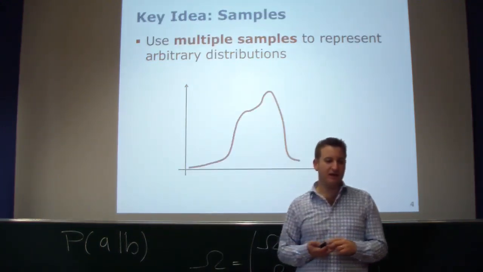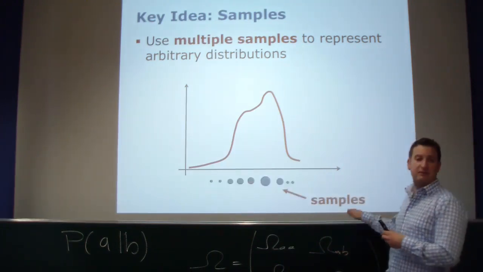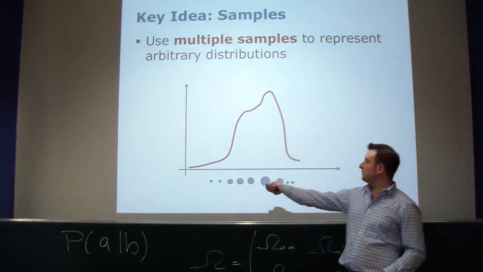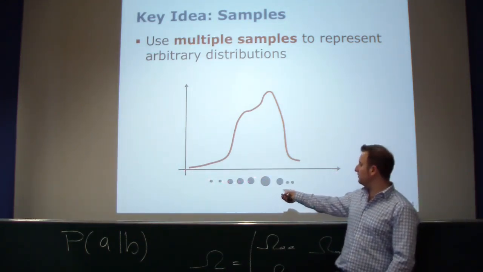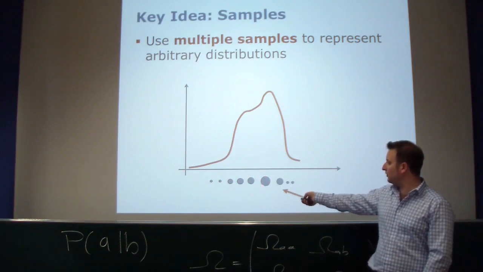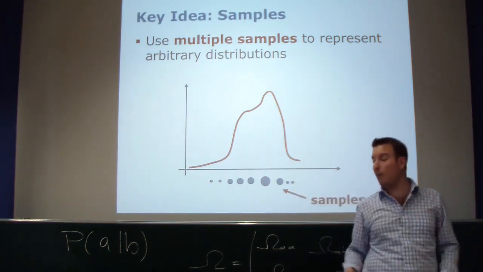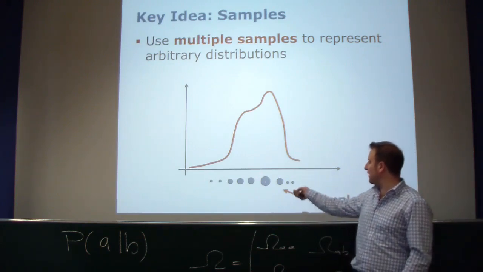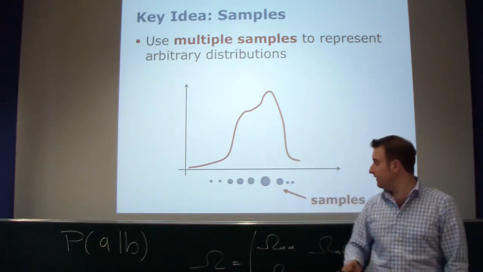So we can say, let's take the distribution we have here and represent it by samples. Say this is the probability of that variable x here. We can have samples here, and the bigger the value is, the more samples we have, or one sample with a higher weight, the more likely that area is. Of course, this is absolutely an approximation.